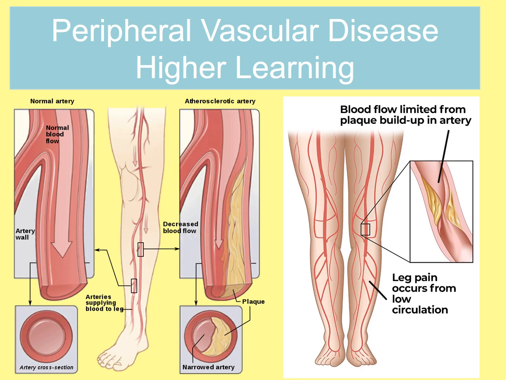The peripheral arteries are those other than the aorta and coronary and carotid arteries. When any of the peripheral arteries are affected by arteriosclerosis, their central cavity becomes narrower, as we've been looking at, and as the diagrams show on the screen.